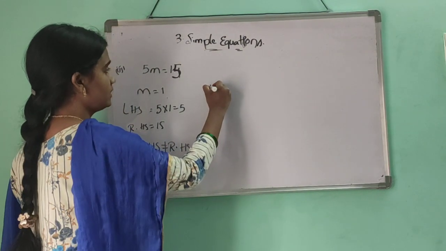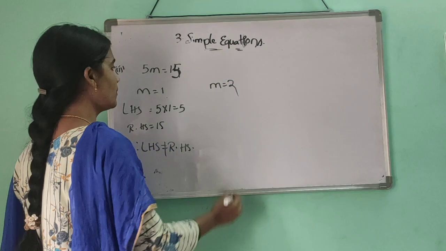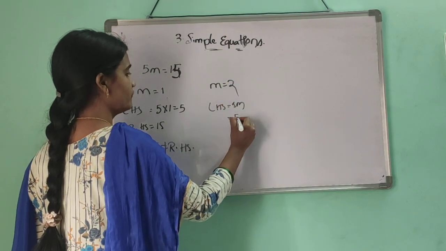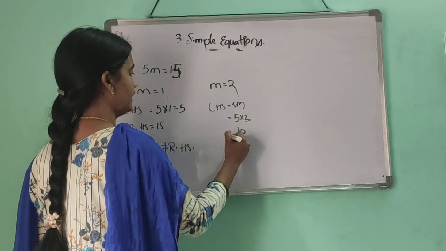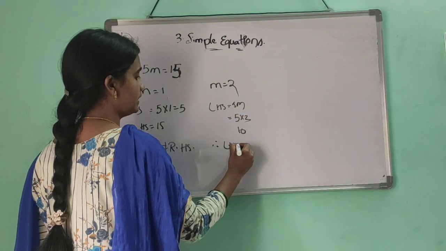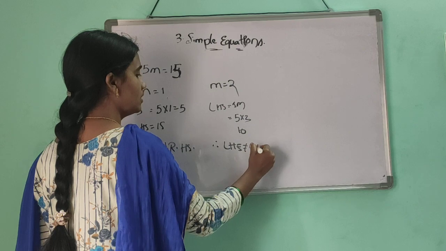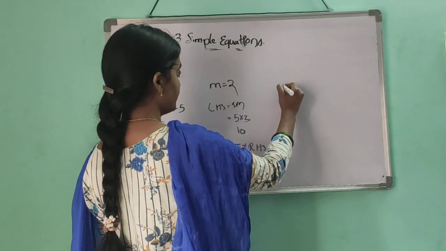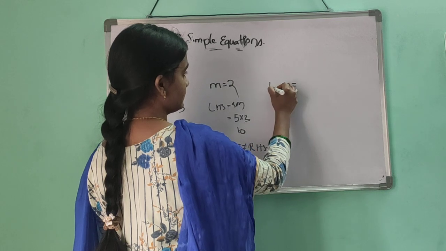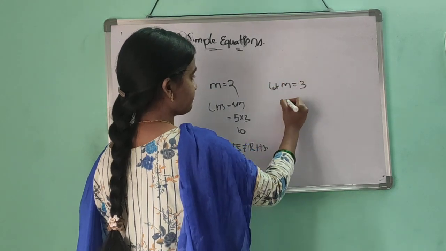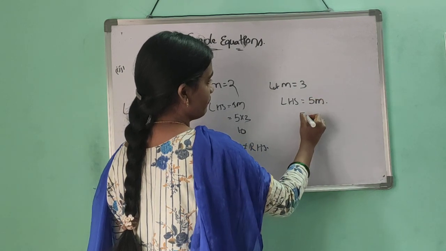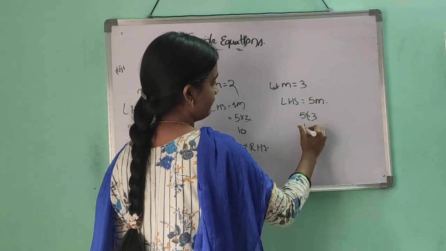Let's take m value 2. LHS equal to 5m, 5 into 2, 10. Here also LHS is not equal to RHS. Coming to 3, LHS is 5m, 5 into 3, 15.